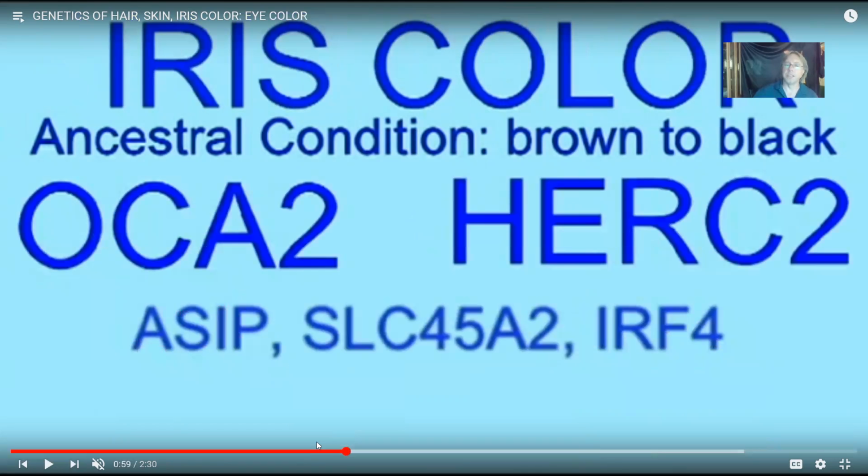There are a number of genes which can affect the amount of pigment we put in the pupil, my fault, I'm sorry, the iris of our eyes. But the major genes for the variation are the two genes next to each other, the OCA2 and its neighbor HERC2. One gene, OCA2, is required to put the brown to black pigment in the iris.